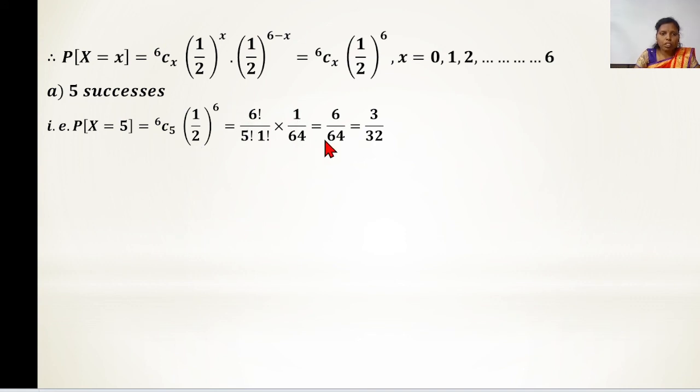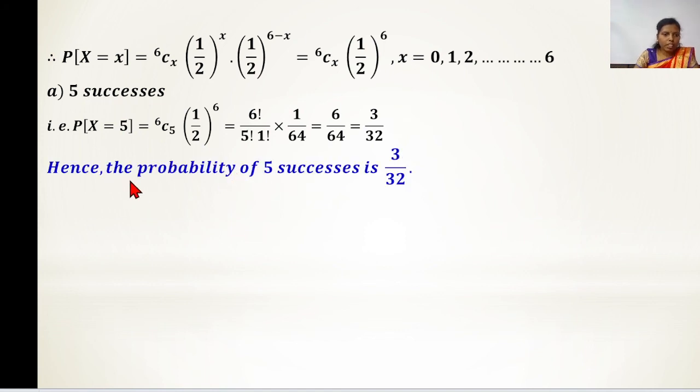Solving this, we get 6 upon 64, which is 3 upon 32. Hence the probability of 5 successes is 3 upon 32.